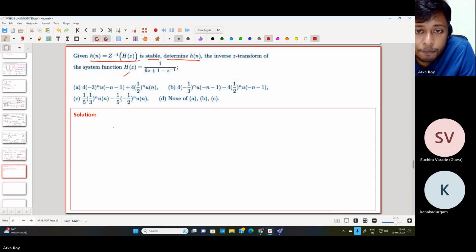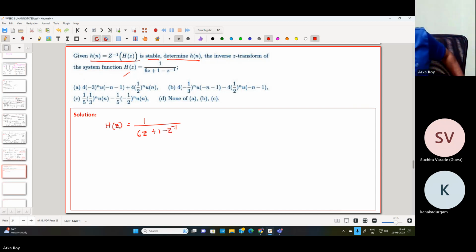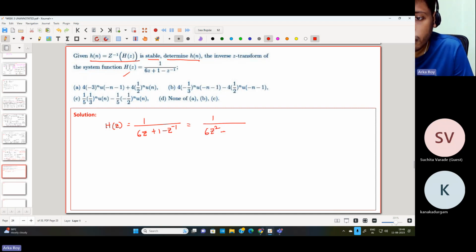So I can write H(z) as 1 over 6z, 1 minus z inverse. So 1 divided by 6z squared plus z minus 1.